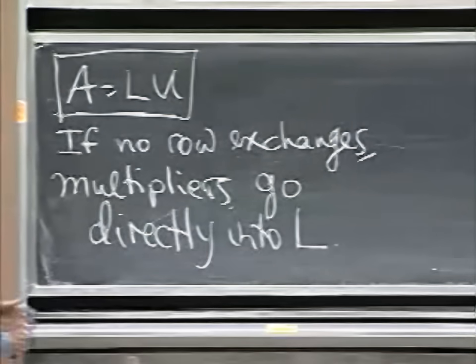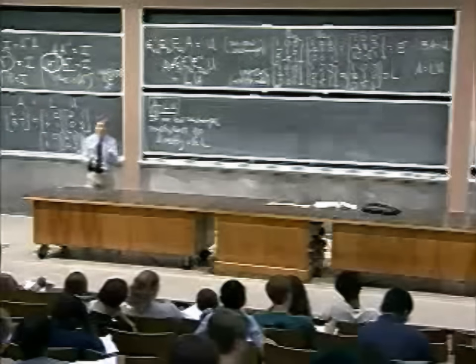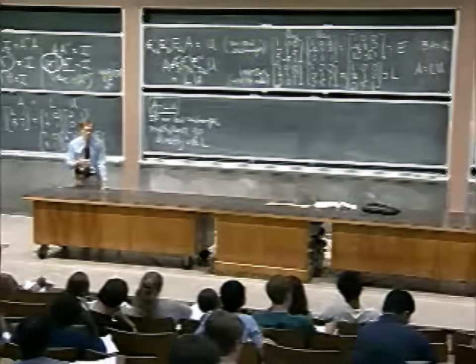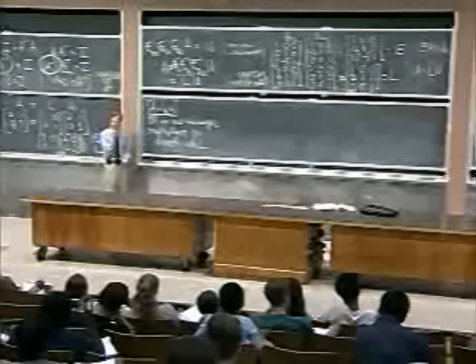You go through the elimination steps, and actually, if you do it right, you can throw away A as you create L and U.